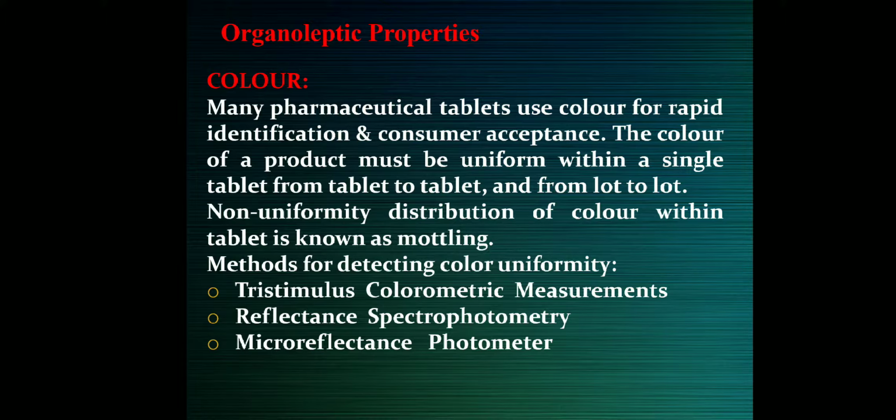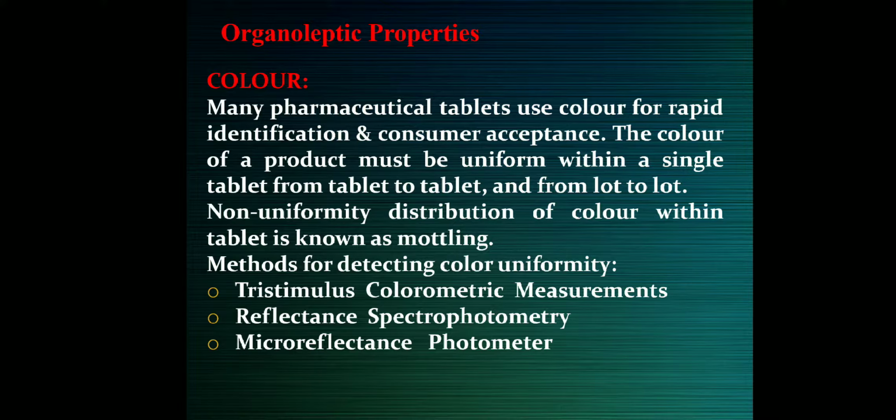So the most important criteria in color is that the color should always be uniform in a single tablet, in a single tablet batch, or in different tablet batches throughout the production of this tablet taking place in the industry.